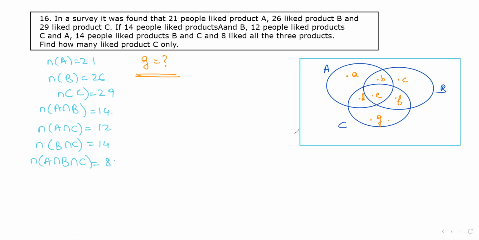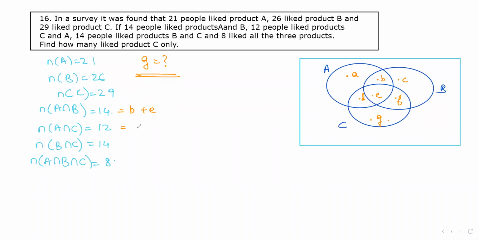Or what can you do? What is given to you? 14 people liked products A and B, 12 liked products A and C, and 14 liked products B and C. So here it's given A intersection B is B plus E, sorry, A intersection B, which is B plus E, is given.